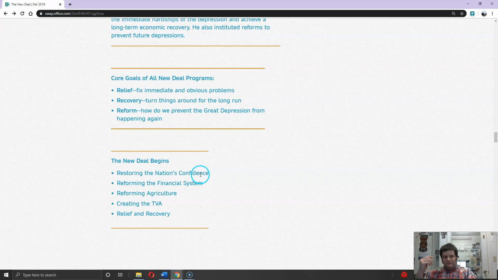So, some of the things the New Deal is going to try to do is restore the nation's confidence, because remember what's driving the economy? What drove the stock prices up in the 1920s? Confidence. Americans believed that if I put my money into this, it will succeed and I will profit. In order to restore confidence, one of the things they did is fix the finance system.